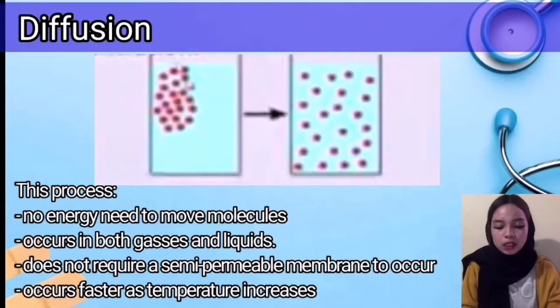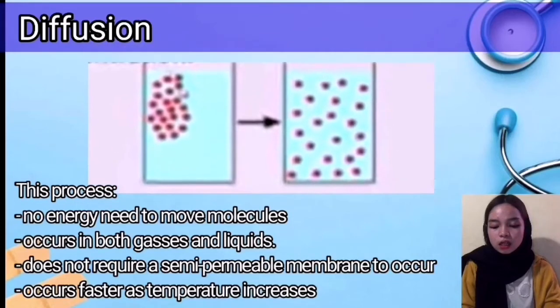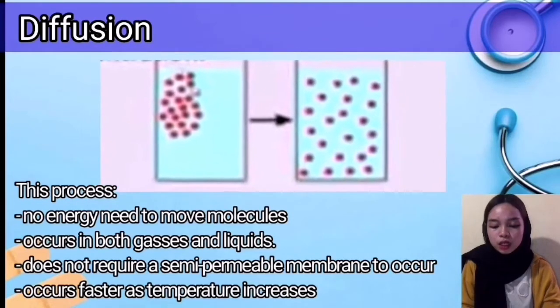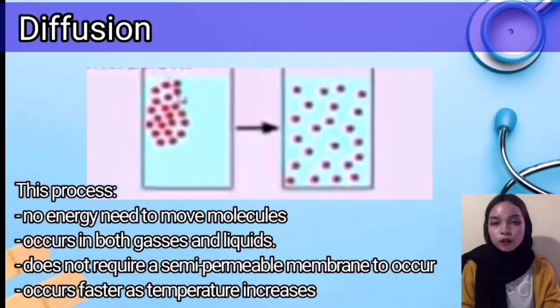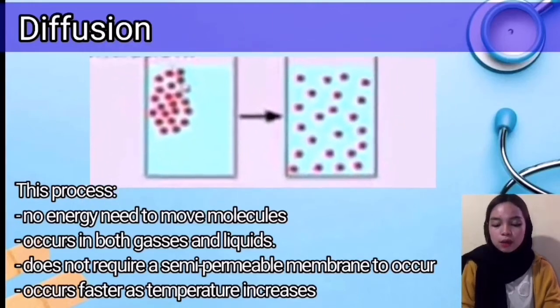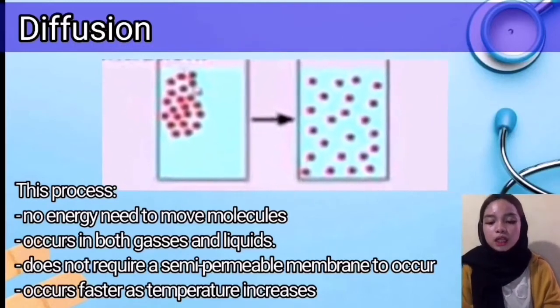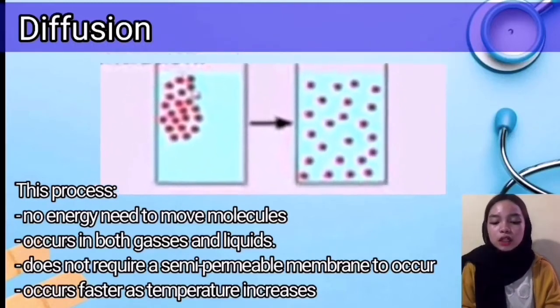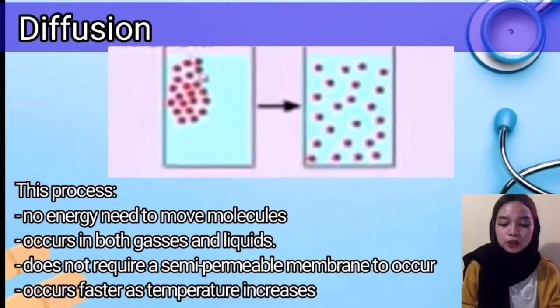The example of molecules dissolving and diffusing in a liquid involves no semi-permeable membrane. So always remember, often it occurs across a semi-permeable membrane in our cells, but generally speaking, diffusion does not absolutely need one.